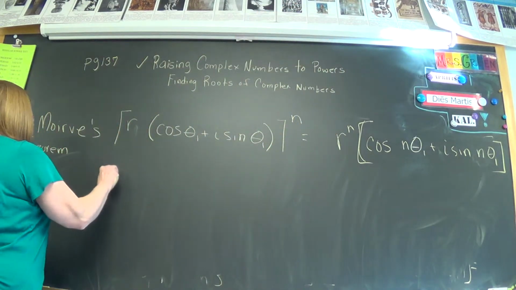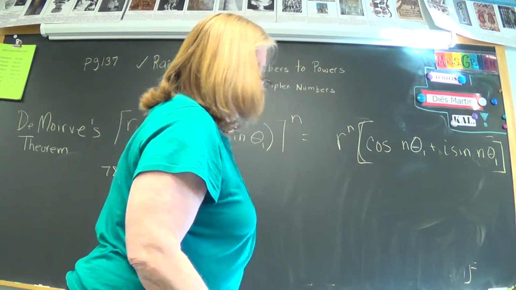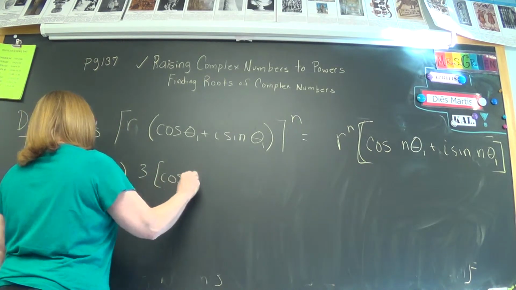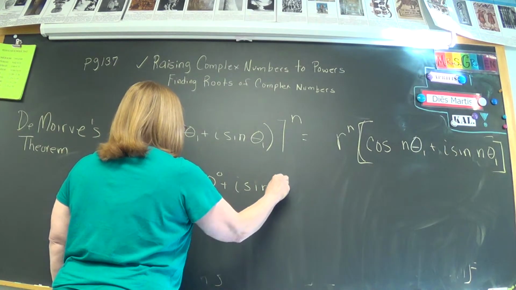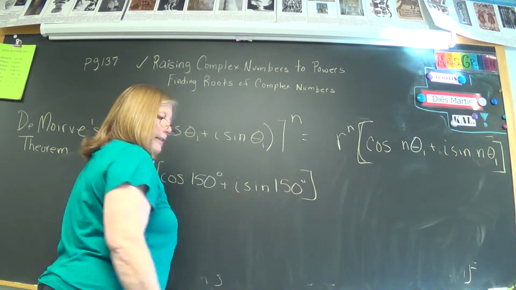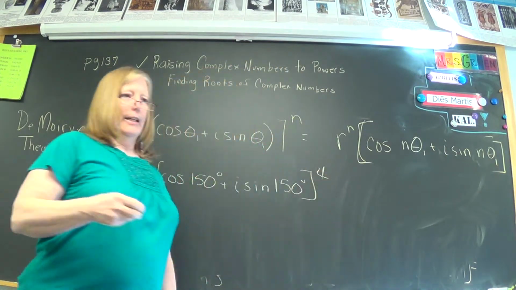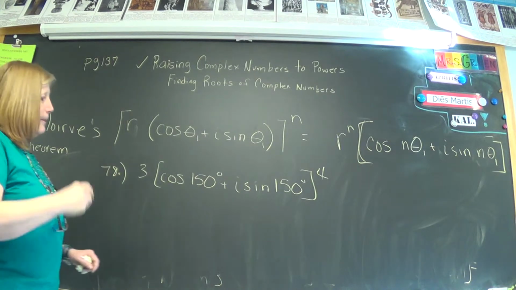So we'll practice this and we'll do the first homework. 3 times cosine 150 plus i sine 150, and we're going to raise that to the power 4. All right, begin.